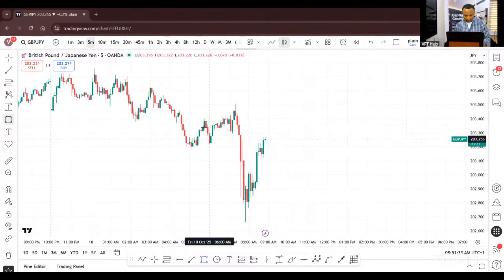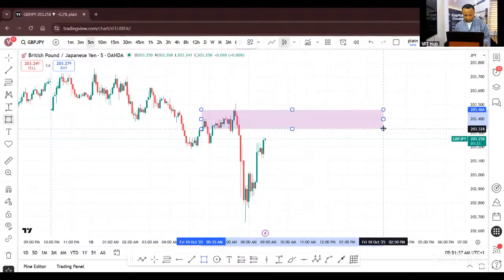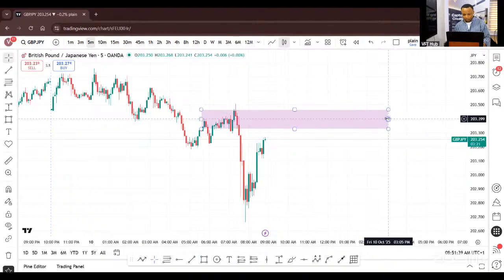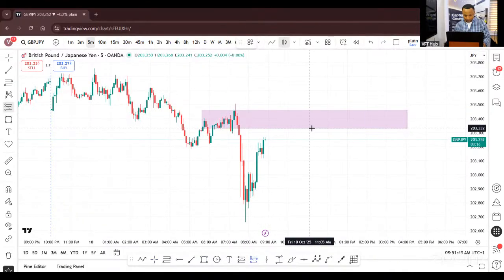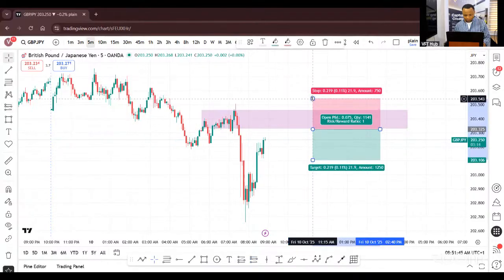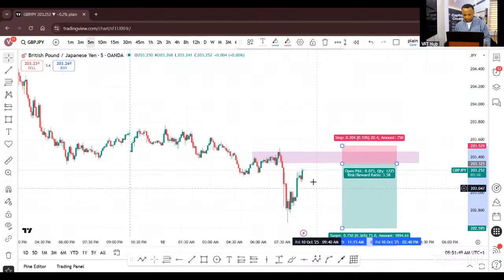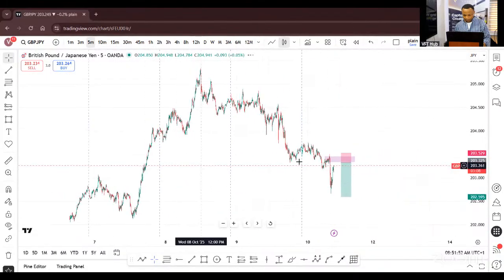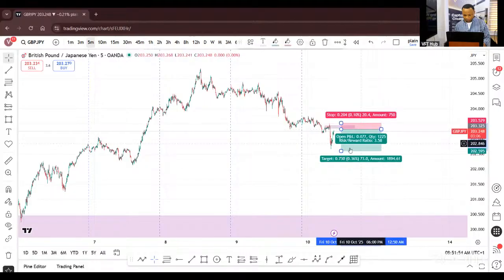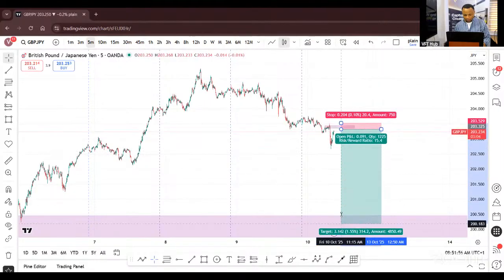Let me show you something, somewhere around here on the 5-minute time frame. I want to sell GBP JPY from here. It's going to be a short position, 20 pip stop loss around here, and then I'm shorting it all the way. Minimum 1:3, but overall this is the target.